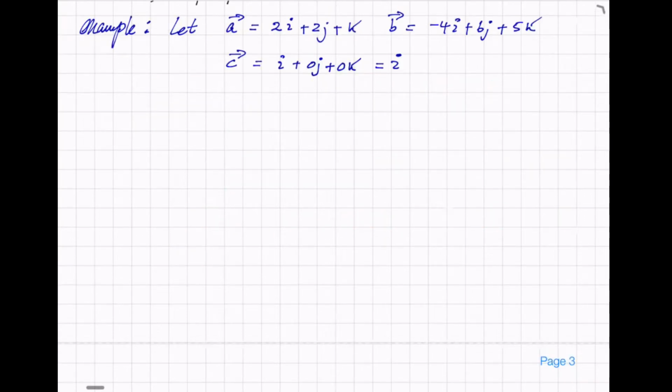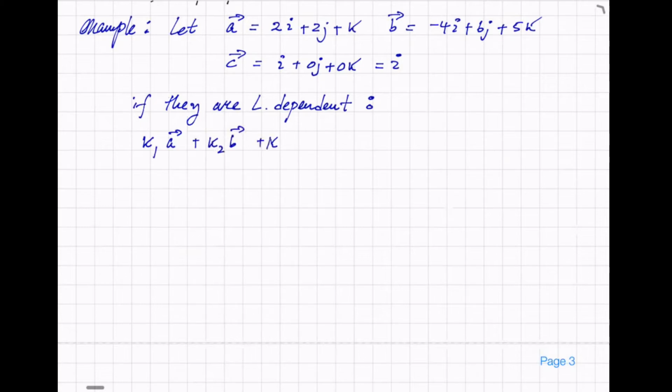Okay, so now as an example, we will consider there are three vectors A, B, C, right? If they are linearly dependent, what would it be? It would be k1 times A plus k2 times B plus k3 times C is equal to 0.